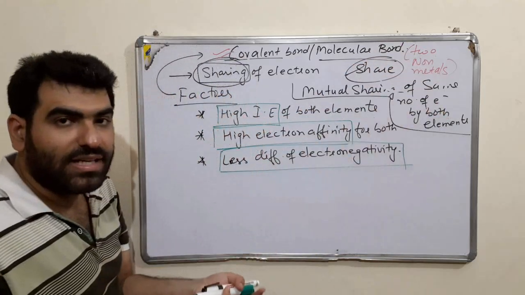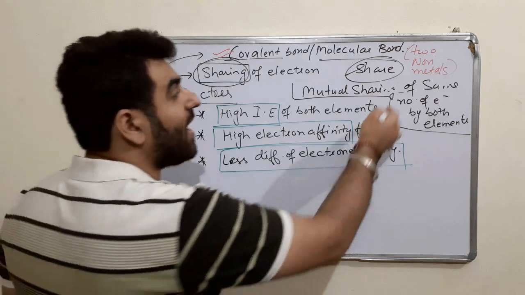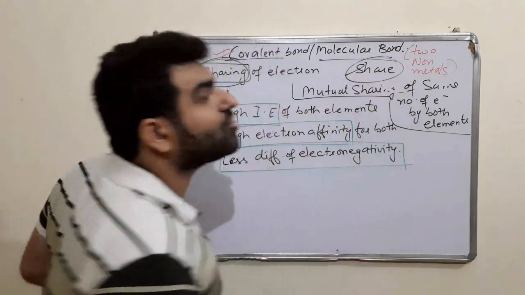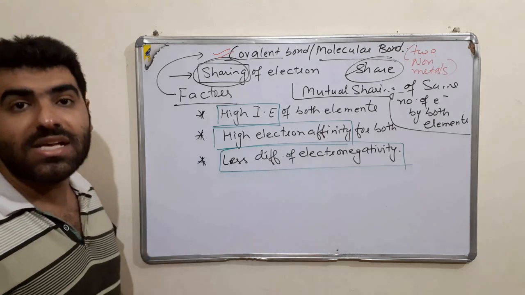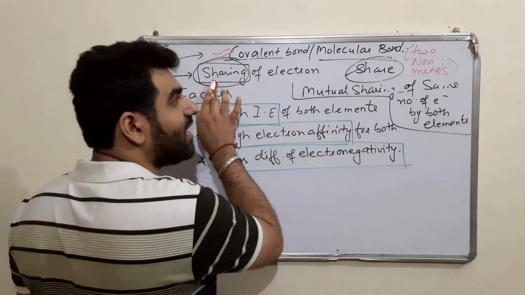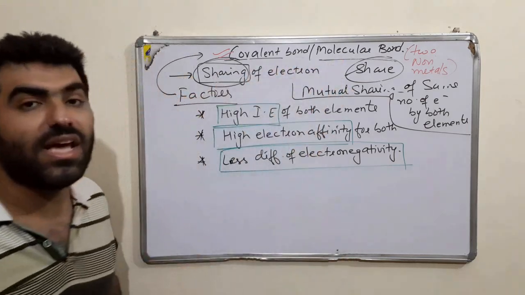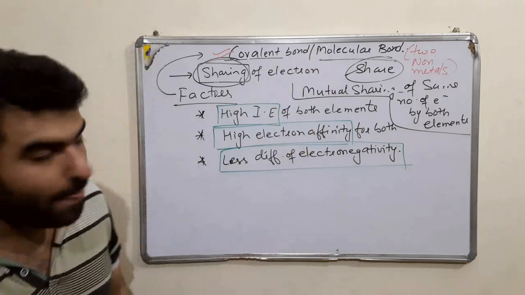Here there are two non-metals. Neither of them has the tendency to lose the electron. That is why they compromise to share their electrons to form a bond so that they can become stable. Such a bond formed by sharing of electrons is known as the covalent bond, or we can say a molecular bond.